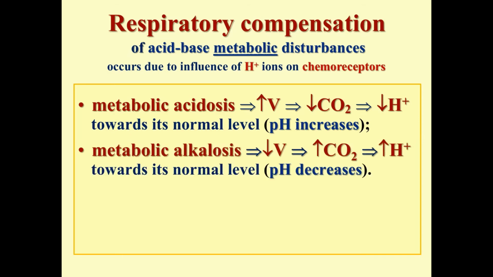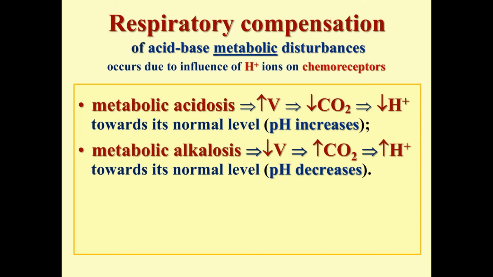Oppositely, if there is metabolic alkalosis due to accumulation of some alkaline products, decreased H+ ions concentration produces less activation of the chemoreceptors, less than usual. Therefore, stimulation of the inspiratory neurons is less than usual, and as a result, ventilation decreases.